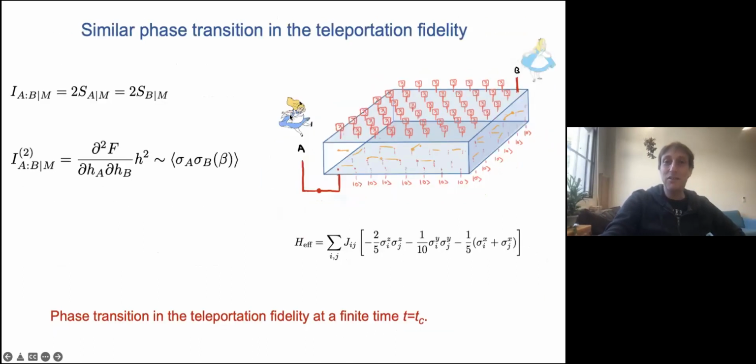And in fact, I can also turn this problem around into a problem of teleporting a state that I input into A, some yet unidentified state. I input into A and I ask, if I want to read it out from B, will I have some finite overlap with the state that I encoded? And there is a phase transition where this teleportation fidelity becomes non-zero at some finite time.